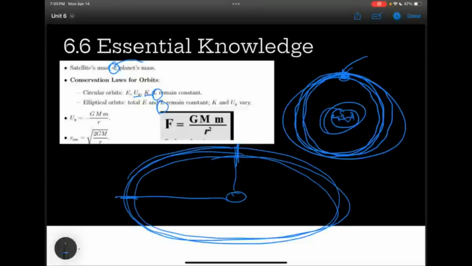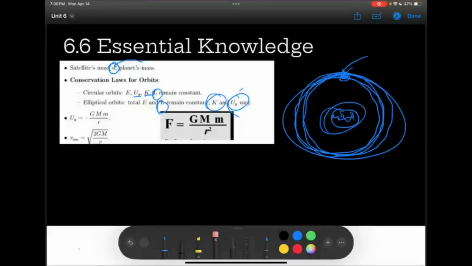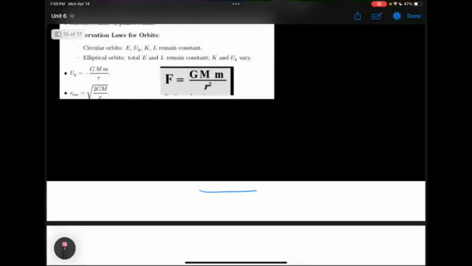Maybe we'll be moving very slow here, very fast in some parts, etc. So all you need to know is that the kinetic energy and the gravitational potential energy will vary. I doubt there will be that many questions about it, just qualitatively knowing that kinetic energy and gravitational potential energy can change when it's in elliptical orbit, as opposed to circular.